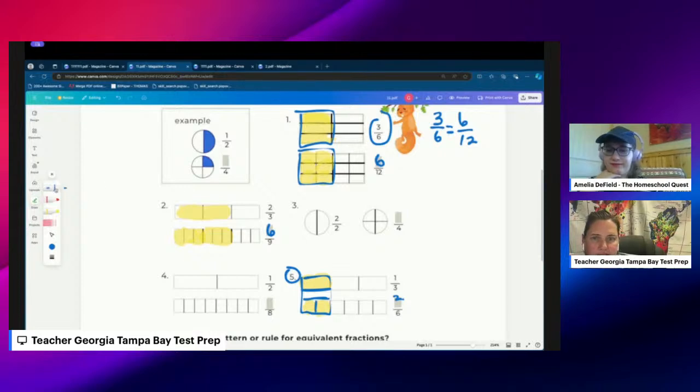I'm going to write out the fractions that we already did. So we have 3/6, I'm just going to write off to the side here, is equal to 6/12. We also had 2/3 is equal to or equivalent to 6/9. I'm just looking at the pictures that we've colored already. And down here with number 5, we have 1/3 is equivalent to or equal to, what did we say?